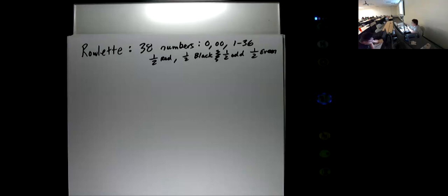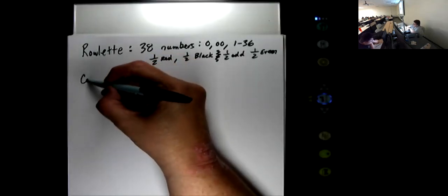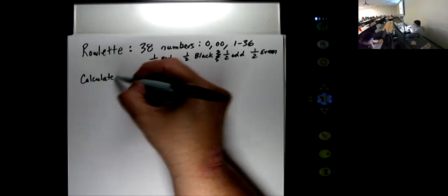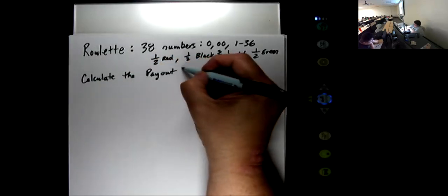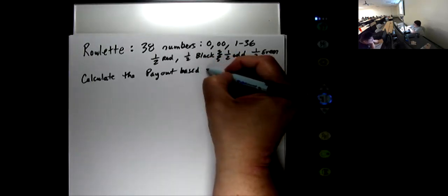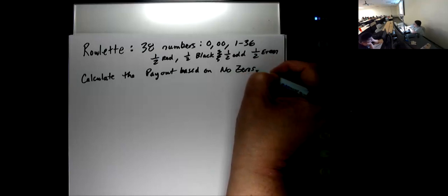The way they calculate the payout, they calculate it based on no zeros. Like the table has no zeros.